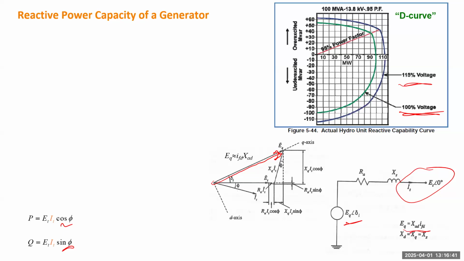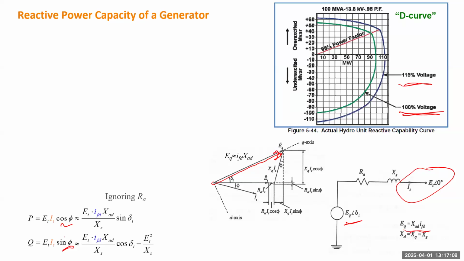So you see both formulas have the terminal current in it. We can also derive the formula to calculate P and Q using the elements inside of this circuit, by using the internal voltage. To make the formula simpler, we just ignore R, the resistance of the armature winding.